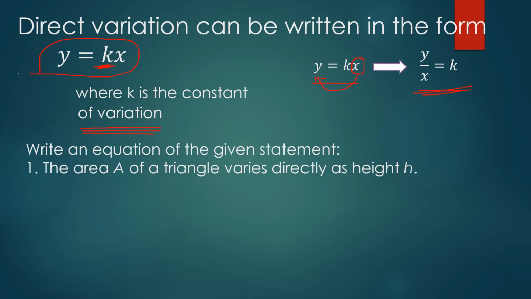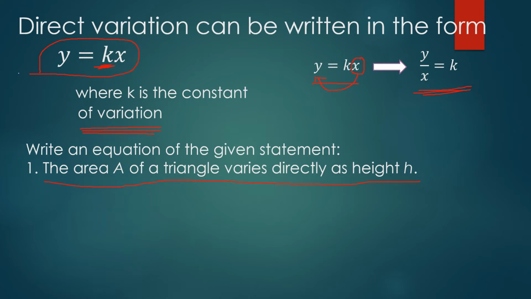how to write an equation of a given statement. Okay, so direct variation tayo ha. Okay, so ang gagawin lang natin dito, itong buhaton dire is magbuhat og variation statement based sa direct variation. Okay, so number 1, the area of a triangle varies directly as height h.